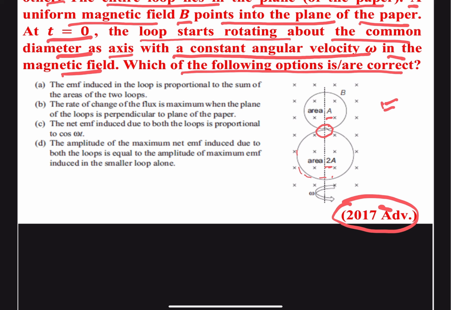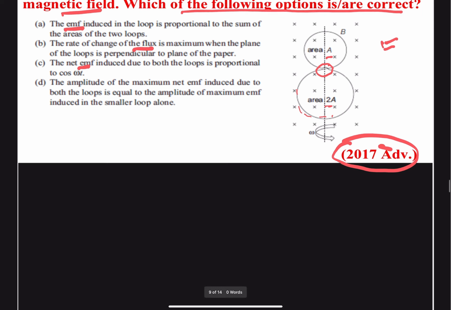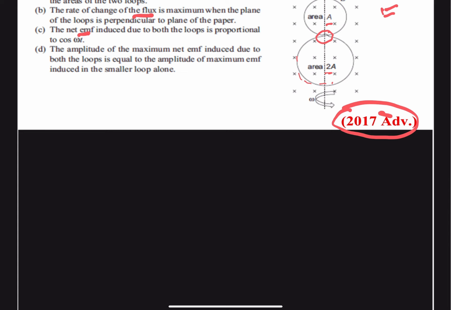So let us start, because more or less every option is related with EMF or rate of change of flux. So they are interconnected with each other. So let us start with our flux through each loop.